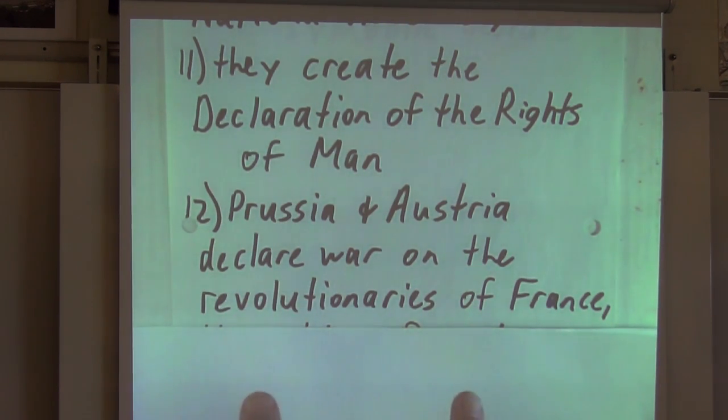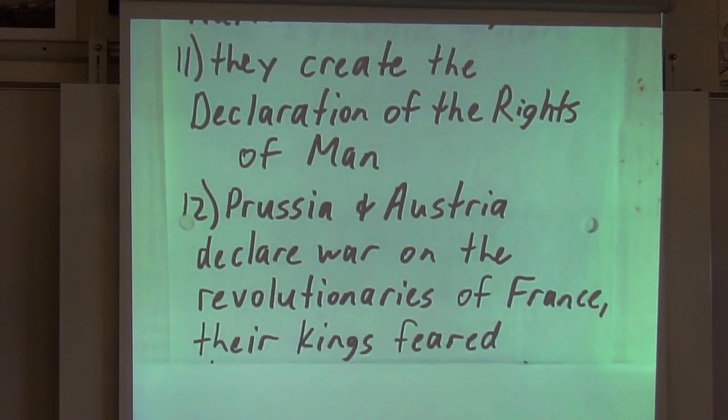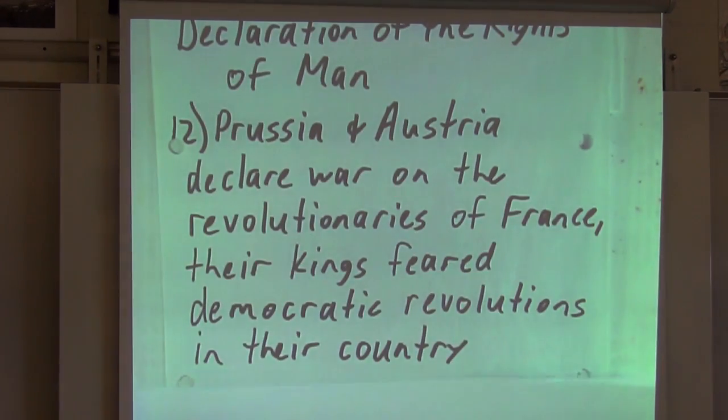What do the King of Austria and the King of Prussia see happening, and they didn't love Louis XVI by any stretch of the imagination, but what did they see happening to a king, literally in the country right next door? Well, they saw a king losing power. And so these kings feared democratic revolutions in their own country. So they have to try to squash this democratic revolution that's happening in their neighbor.